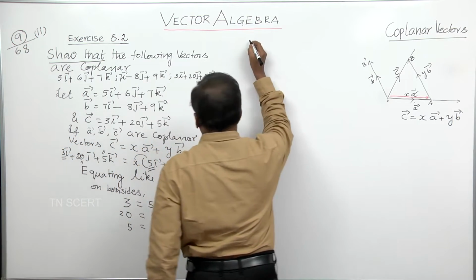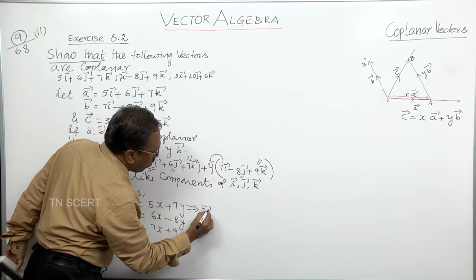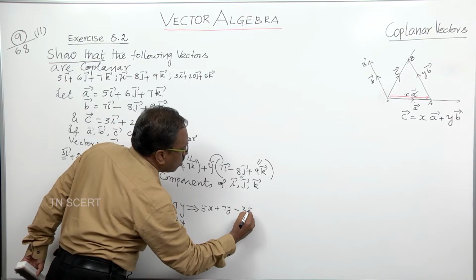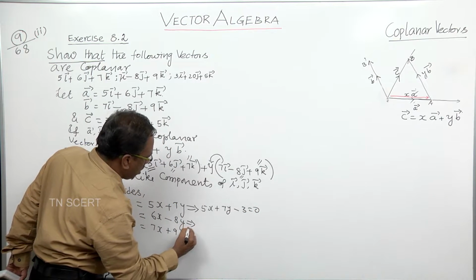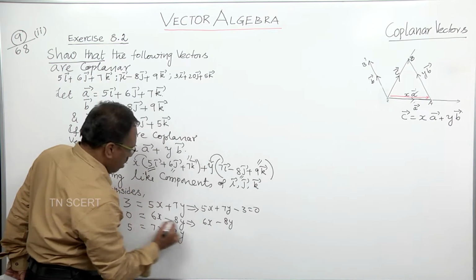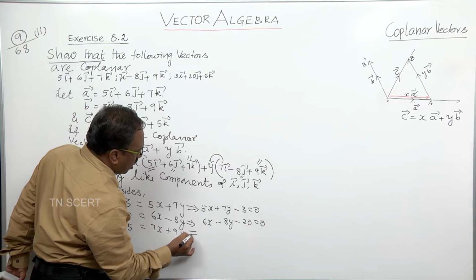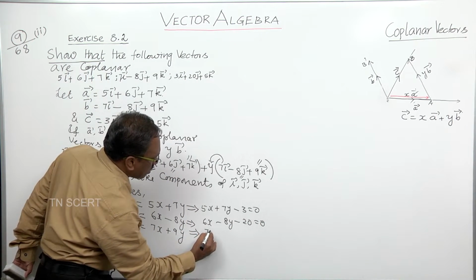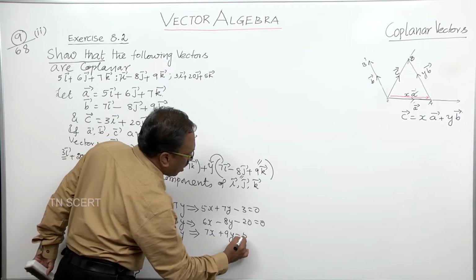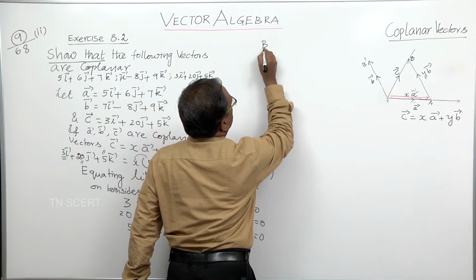So, 5x plus 7y minus 3 equal to 0, and the next equation 6x minus 8y minus 20 is equal to 0, and the last and final equation I wish to represent as 7x plus 9y minus 5 is equal to 0, by the rule of cross multiplication.